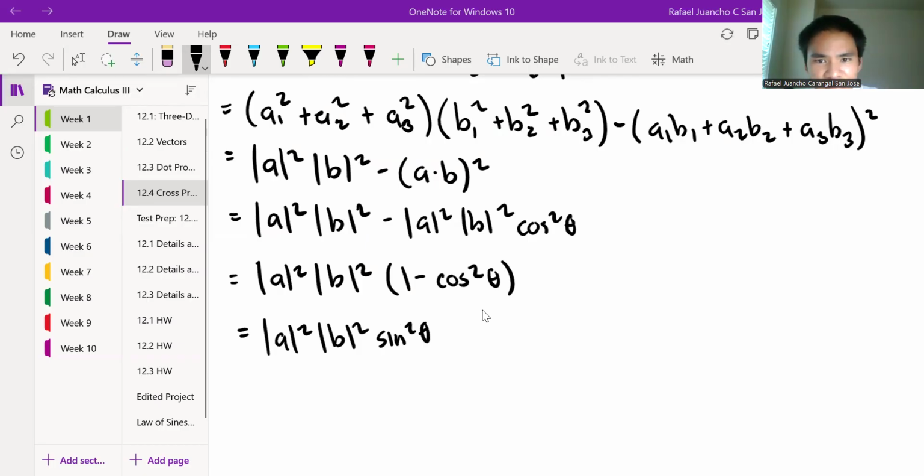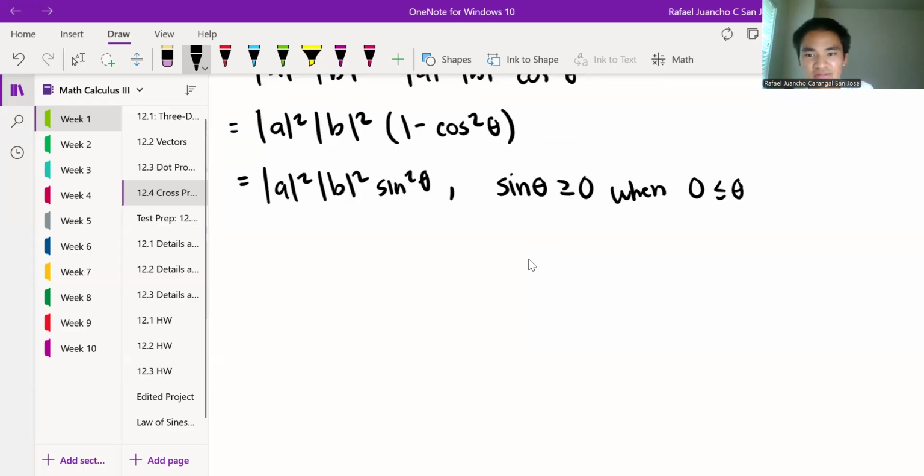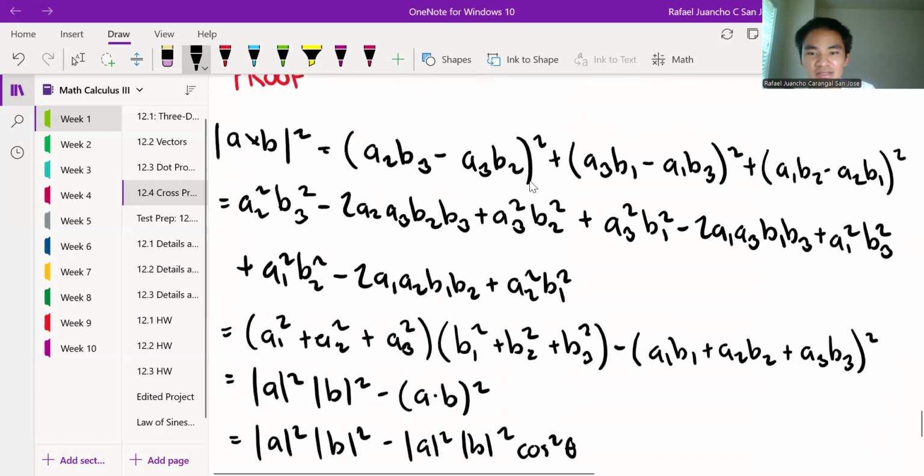And would you look at that? We're now taking the square roots and observing that the square root of sine squared is actually just sine, because sine theta is greater than or equal to 0 when theta is between 0 and pi, which is the condition we stated a while ago.